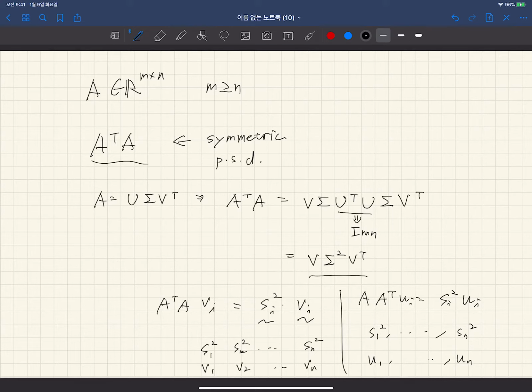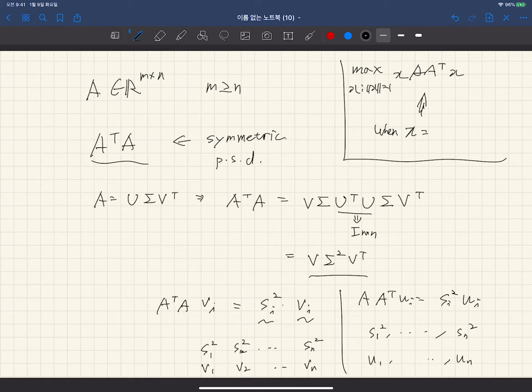Okay, and also we have this. When you want to maximize this equation, the solution is when x equals u1.